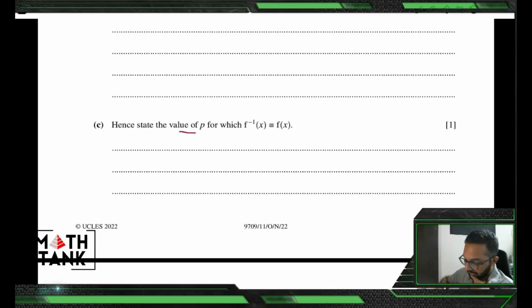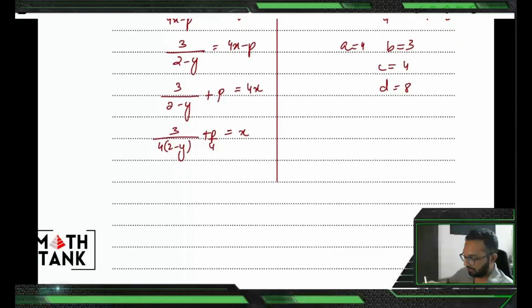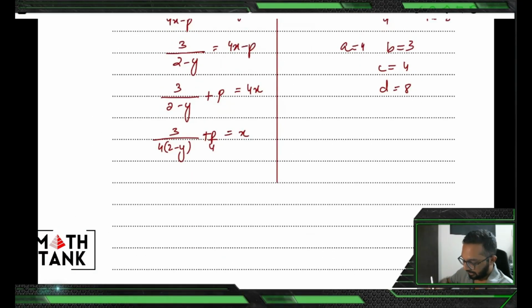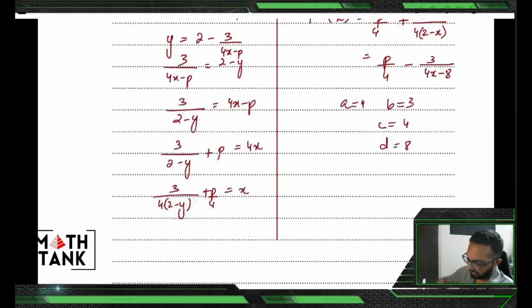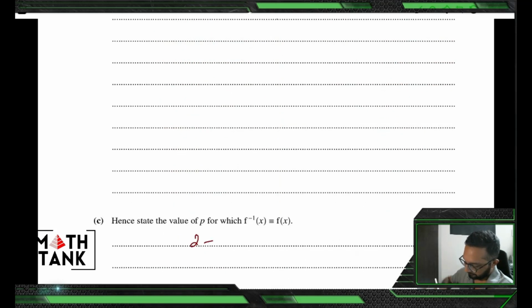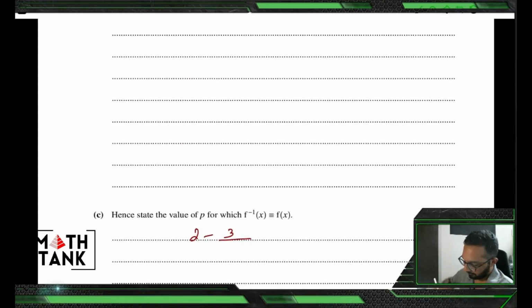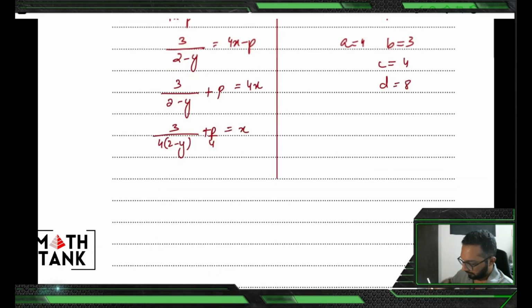Then it says hence state the value of p for which f inverse of x equals f of x. So the question is then very simple. It says just write it in this form. So I'm going to write my form again.